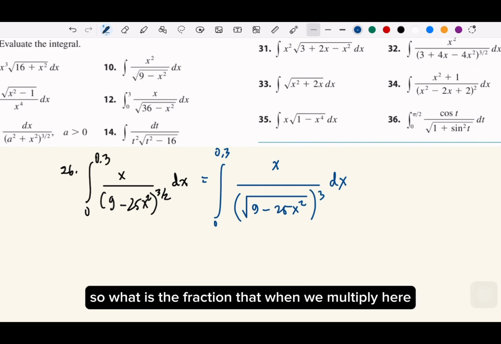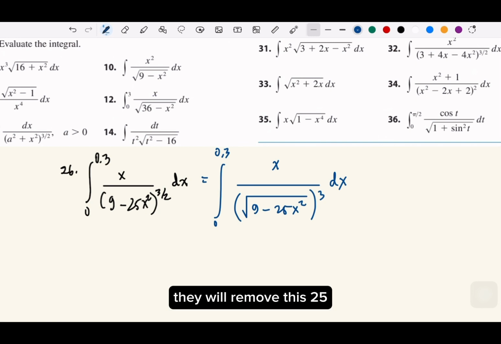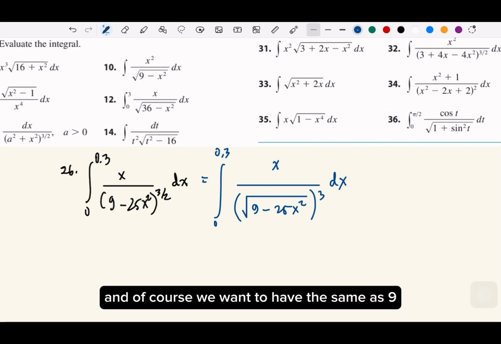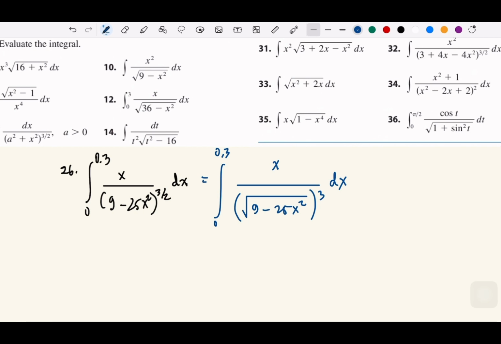So what is the fraction that when we multiply here, it will remove this 25? So we are expecting something over 25. And of course, we want to have the same as 9, so we need to multiply with what? 9 over 25, which means 3 over 5.